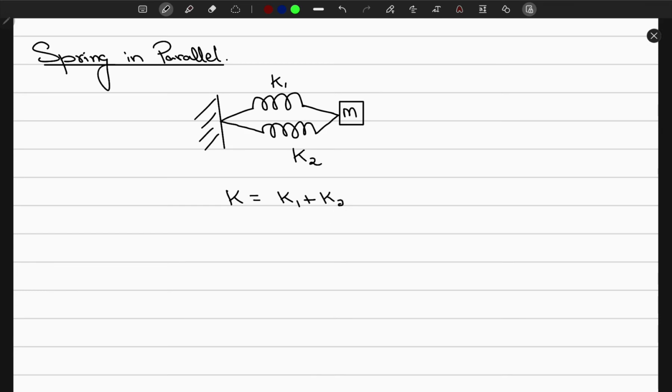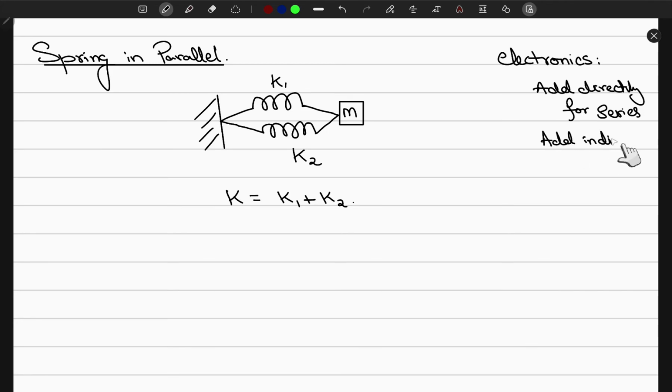The resultant of k1 and k2 acting on this block is the simple sum of k1 and k2. If you think about what we are doing so far, it's analogous to what you do in electronics, but in electronics you add directly for series and indirectly for parallel.